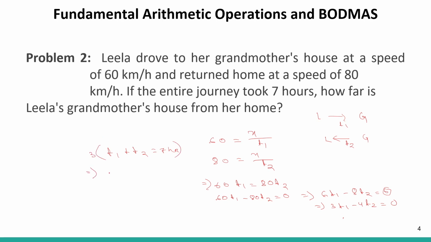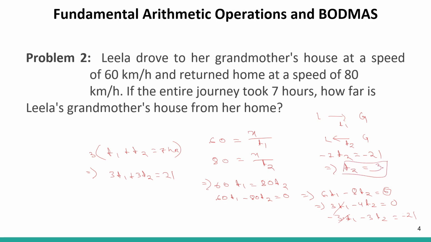So 3 t1 plus 3 t2 is equal to 21. Then 3 t1 minus 4 t2 is equal to 0, so subtracting, minus 3 t1 minus 3 t2 is equal to minus 21. Adding this, we get minus 7 t2 is equal to minus 21. This implies that t2 is equal to 3.